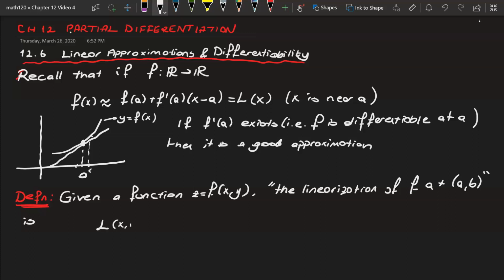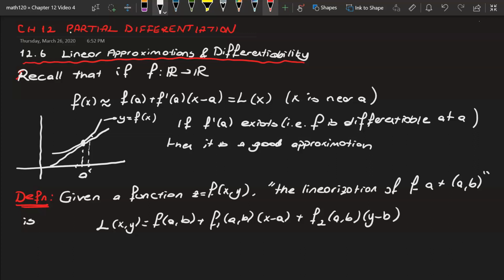L of x, y equals f of a, b plus partial derivative of f with respect to x at (a, b) times x minus a plus f sub 2 of (a, b), that is the partial derivative of f with respect to y at (a, b), times y minus b. Okay, you see the linearization of f at (a, b) is a plane equation like that.